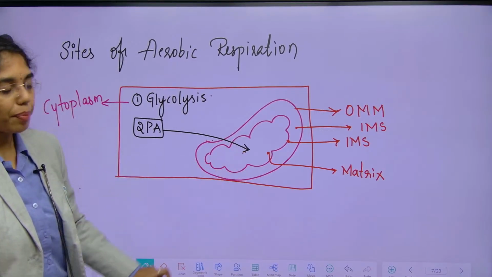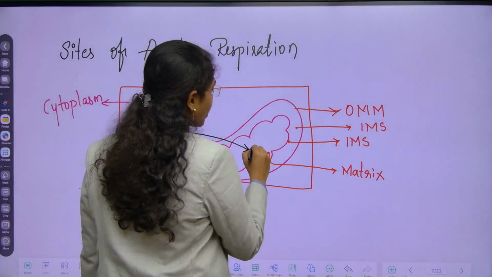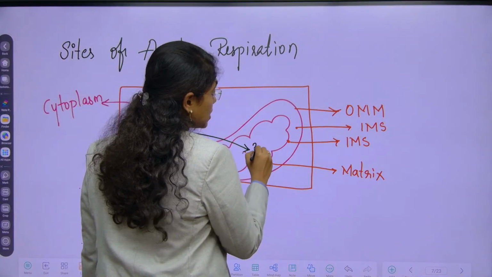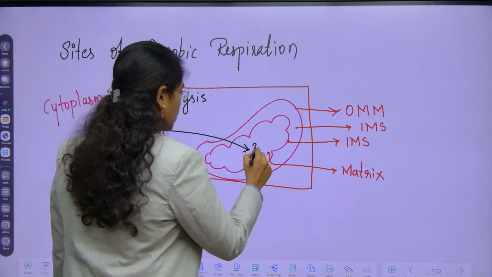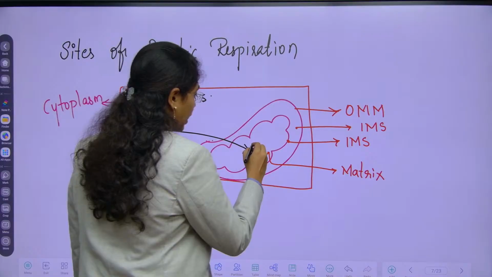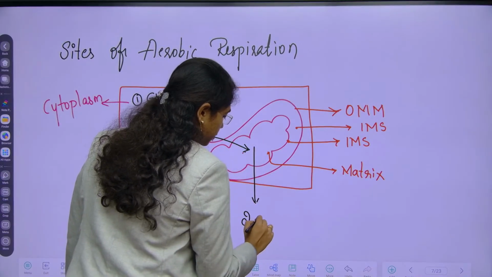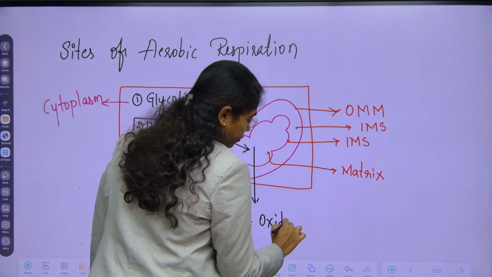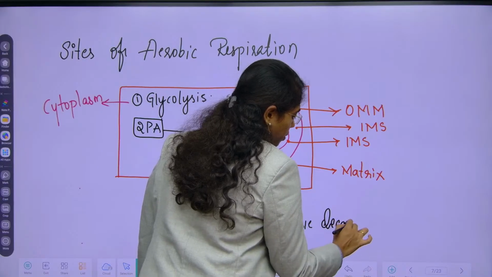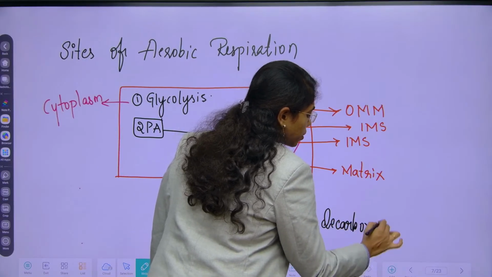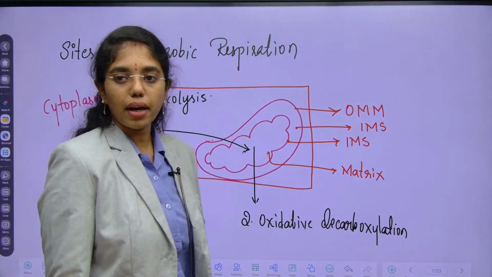Second step will happen in the mitochondrial matrix, that is TCA cycle or Krebs cycle. Sorry. Second step is oxidative decarboxylation. Pyruvic acid will undergo the second step, that is oxidative decarboxylation. In oxidative decarboxylation, what happens? Do you remember?